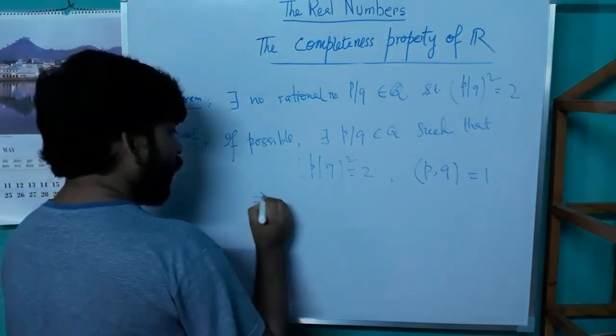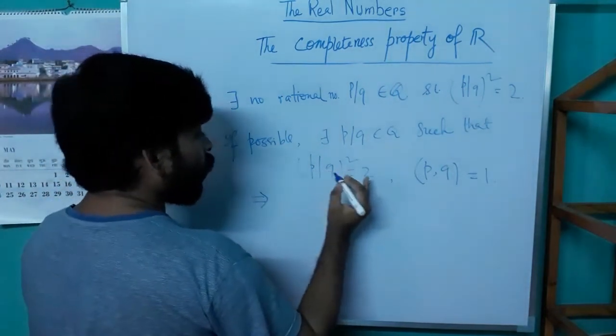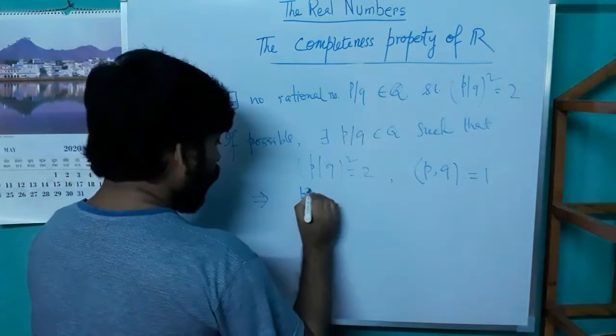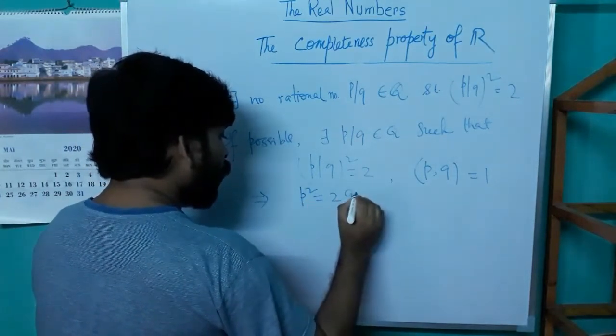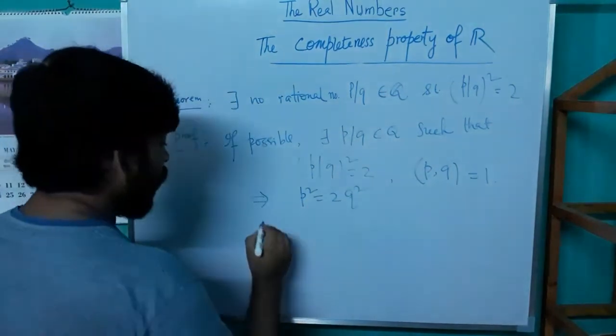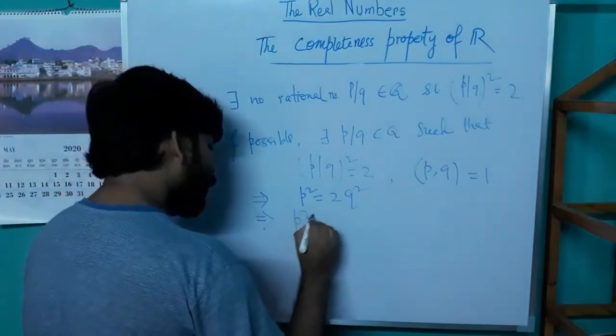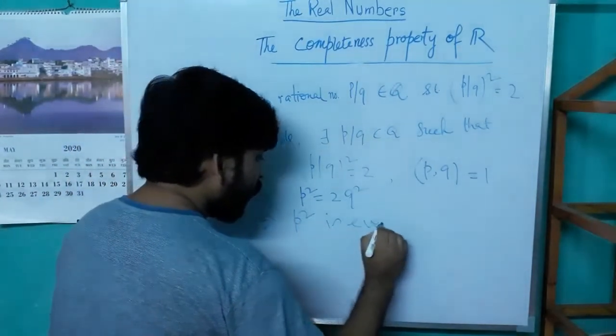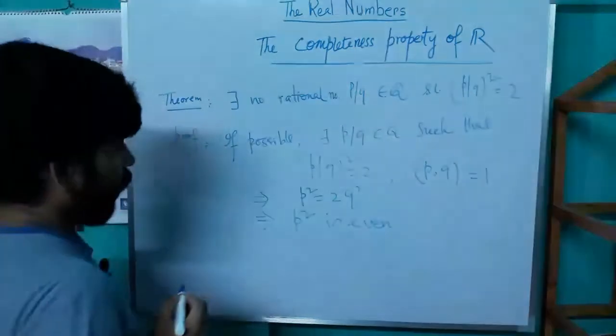Now, since (P by Q) squared is 2, P square equals 2 times Q square. So this implies P square is even.